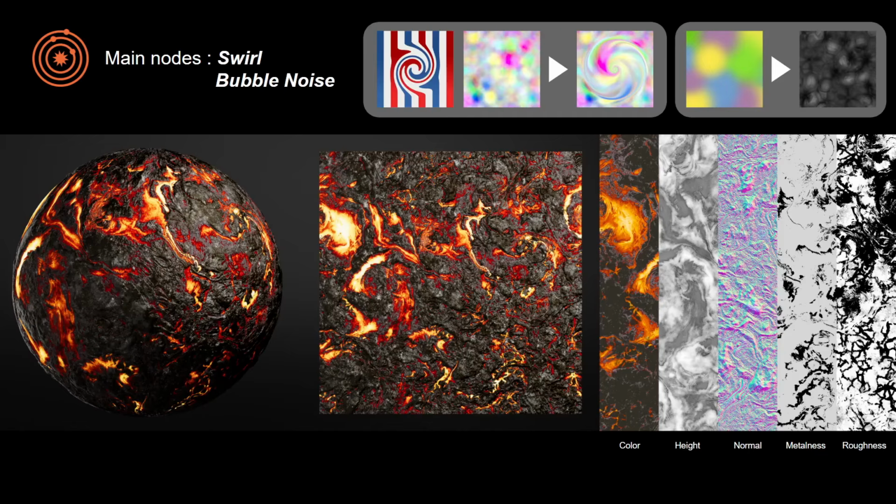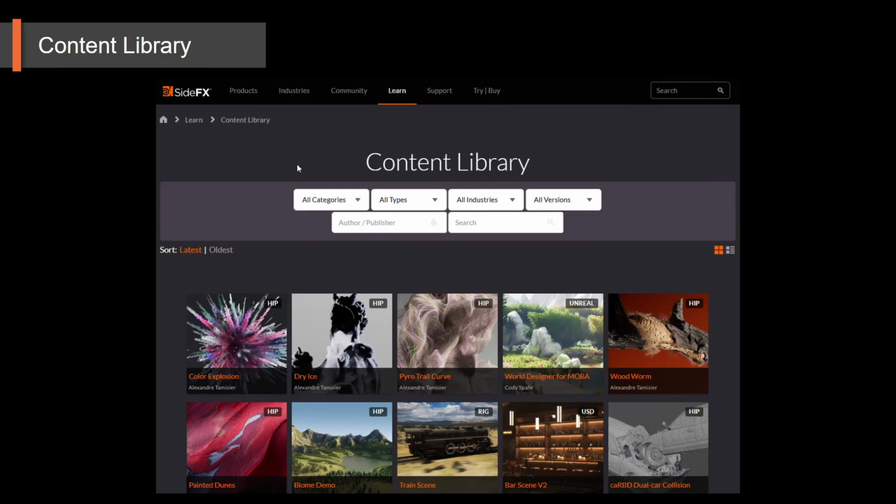And in this lava example, for my base layer, I used bubble noise, and then to generate these fluid-like deformations, I used the swirl node. And those examples will be uploaded to our content library soon.